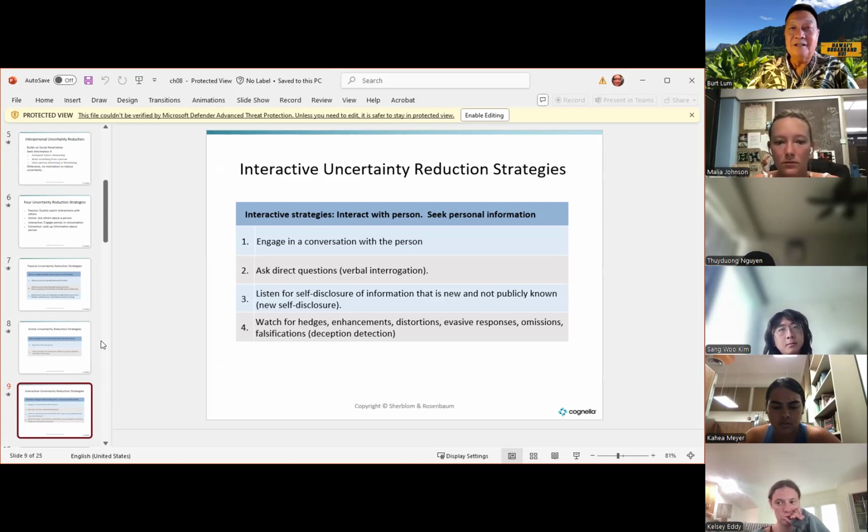And if you are aware and present, right, you can pick up on some of those cues, and then it's your choice whether you want to go down a path of further inquiry, right?